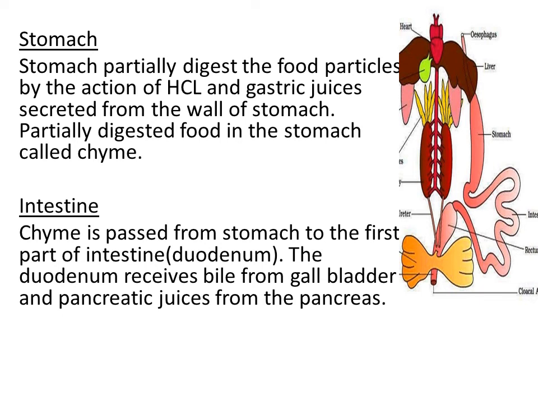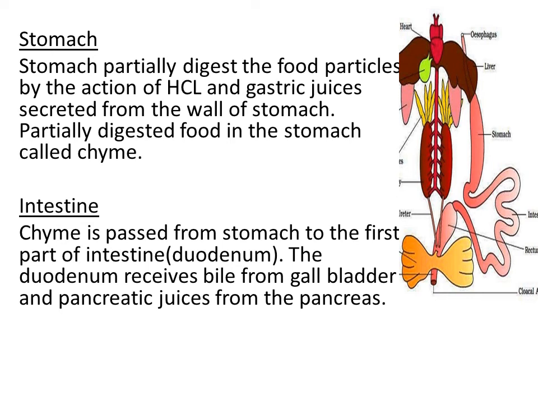And the last thing is removal of solid undigested waste material. Whatever things can be absorbed by the digestive system are completely absorbed by the villi and microvilli, right? The remaining undigested solid waste material needs to be thrown out of the body.